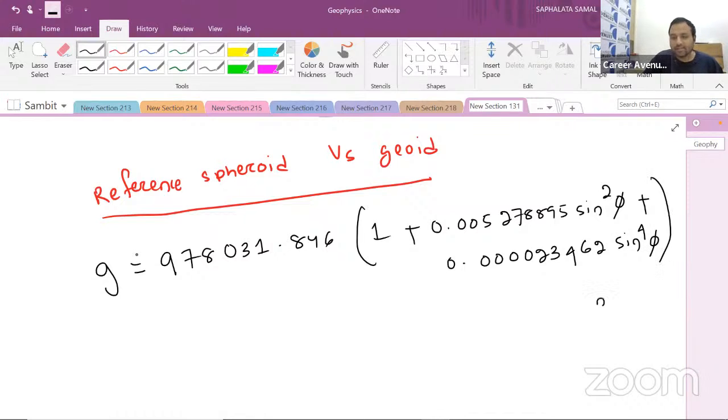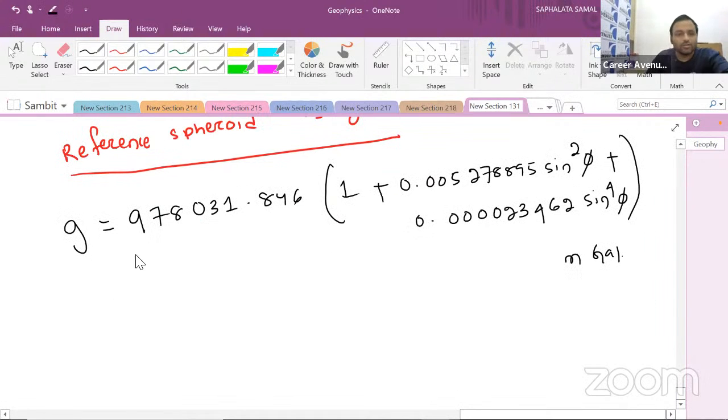This is in milligal. The gravity in the reference spheroid can be given by this equation, where phi over here is the geodetic latitude.